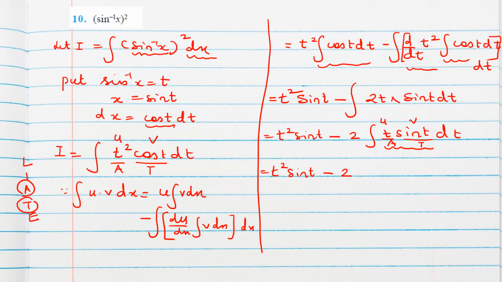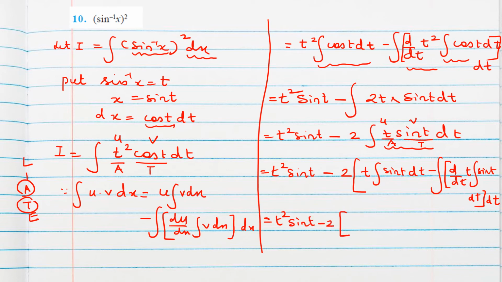Then for this, all the terms you should keep in a bracket: t integral sin t dt minus the integral of d by dt of t times integral sin t dt, and whole dt. So t square sin t minus 2 is outside the bracket.